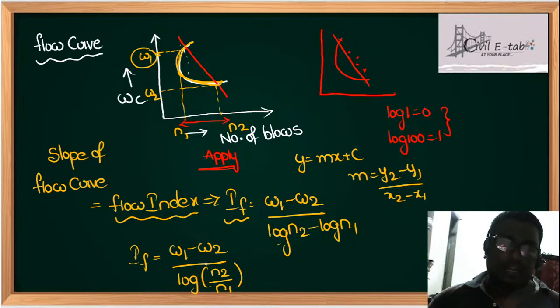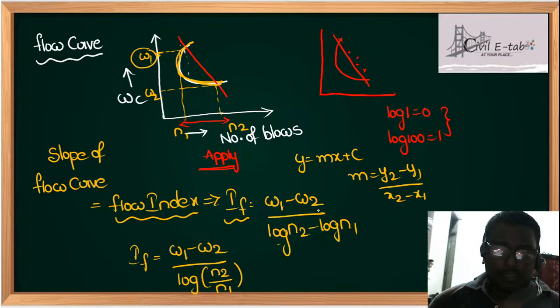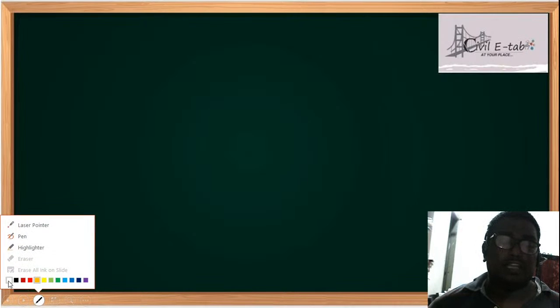So if you understand this concept easily, what is flow curve? Flow curve gives you an idea about the shear strength of the soil. Slope of flow curve means W1 minus W2 divided by log N2 by N1. If anyone asks you why you are learning about flow curve, it gives you an idea about the shear strength of the soil.